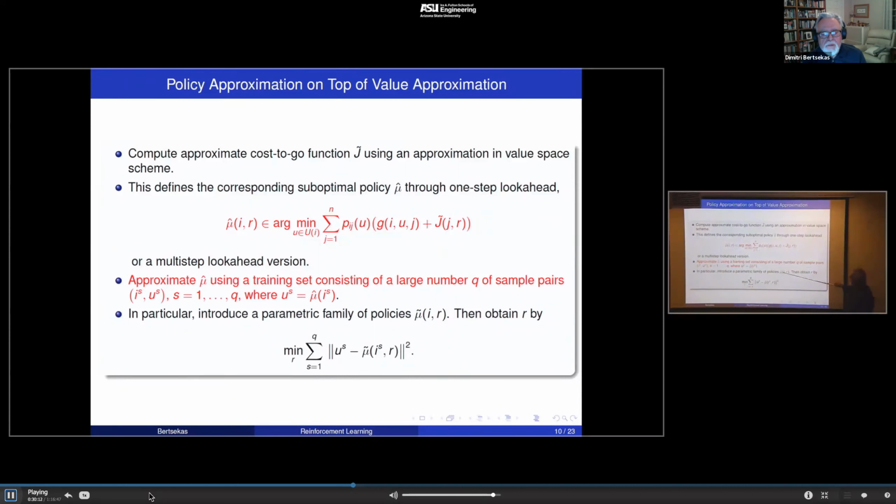And we try to match mu tilde and its parameter to the sample controls obtained from this policy here. Okay? So this is like learning from a software expert. If you think of this as being an expert, we learn to mimic this expert by approximation in policy space.